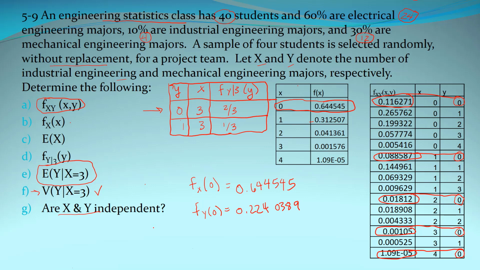So the way we find out whether these are actually independent is we're going to take this f of x at 0 and the probability of y at 0, and multiply them both together.